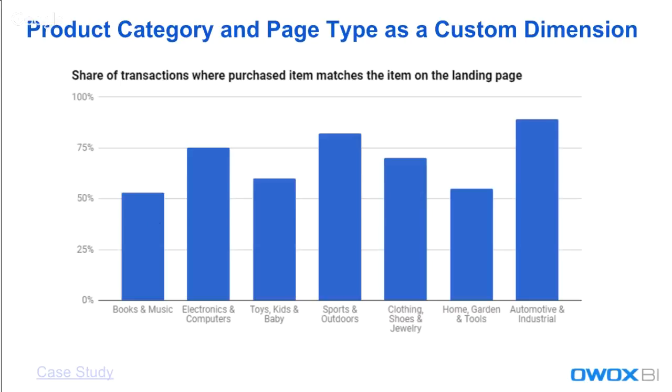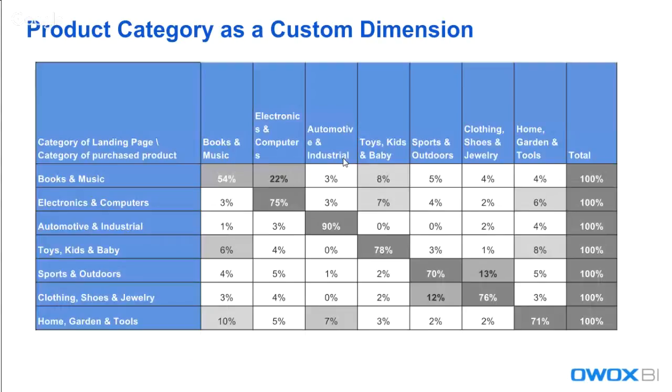So, that's where the question appears. If only 50% of customers landed on books and music and bought books and music, where did the other part of those customers go? I think the next report can help you answer this question. We did such research and saw the correlations between the landing page and the product that customers usually bought.